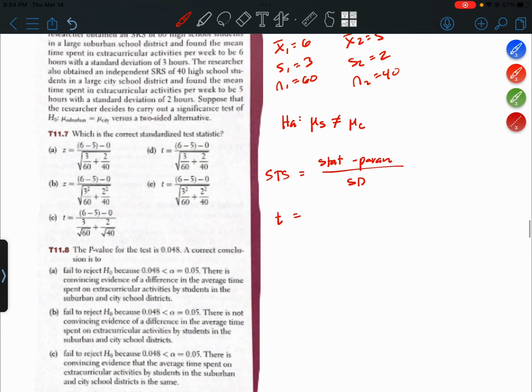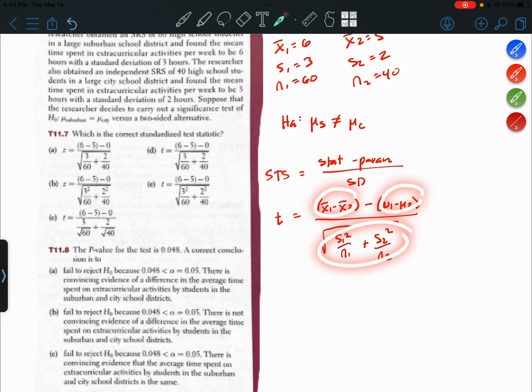The statistic will be x bar 1 minus x bar 2, a difference in the sample means, minus mu 1 minus mu 2, the parameter, divided by the square root of S1 squared over N1 plus S2 squared over N2. Okay, so all of these expressions can be found on the formula sheet.